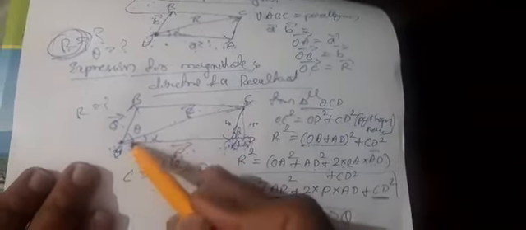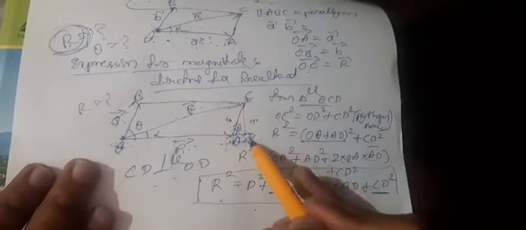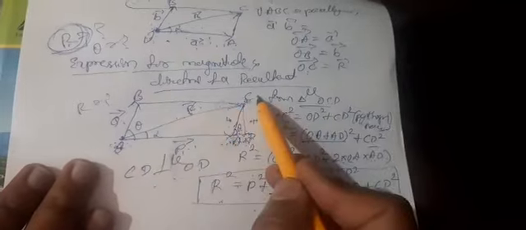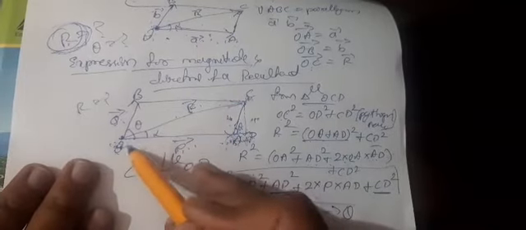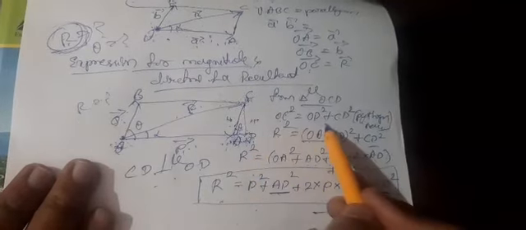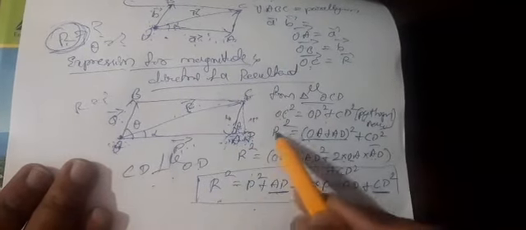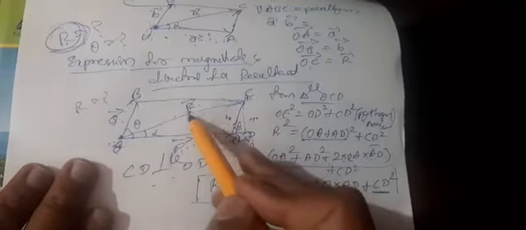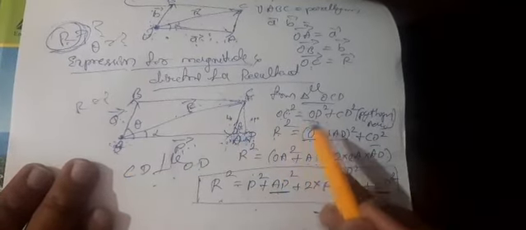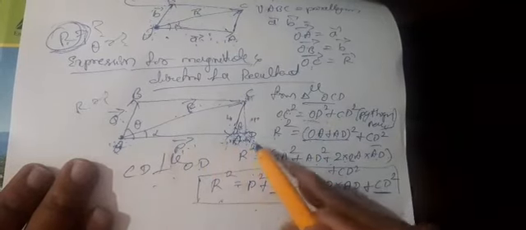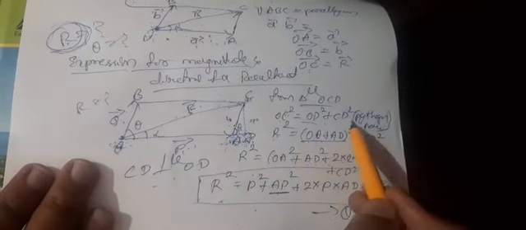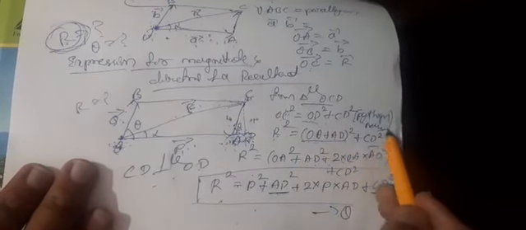From the triangle OCD, by using the Pythagoras theorem, OC square is equal to the sum of OD square plus CD square. OC can be written as the resultant, capital R square. OD can be written as OA plus AD whole square, plus CD square.